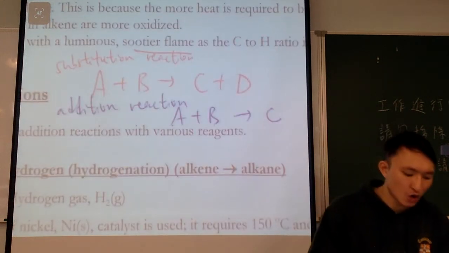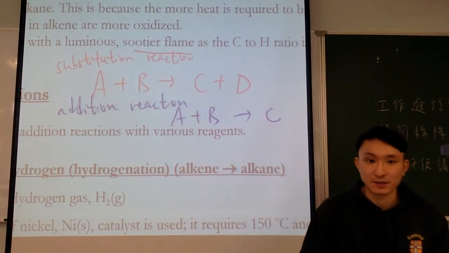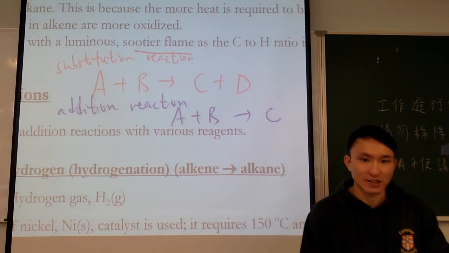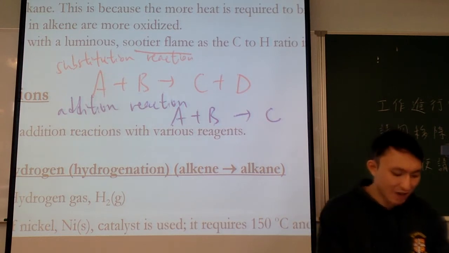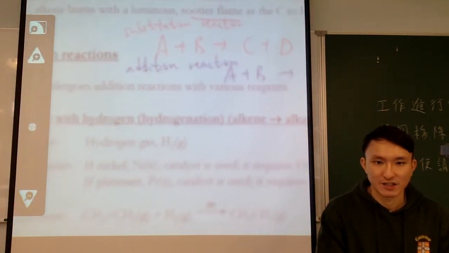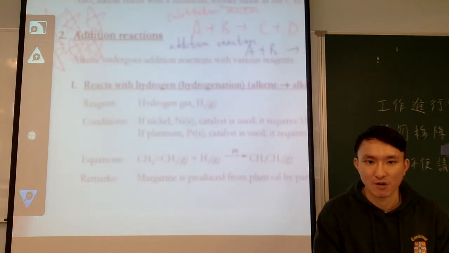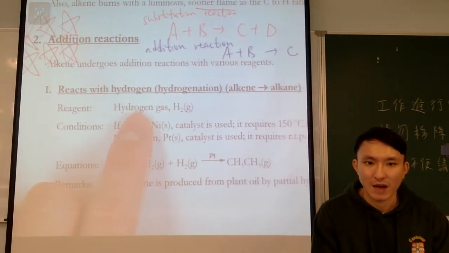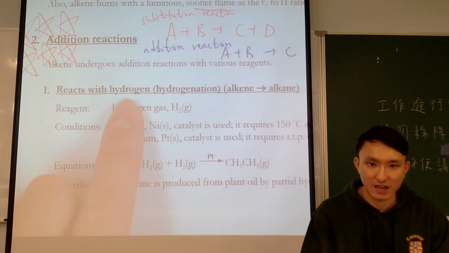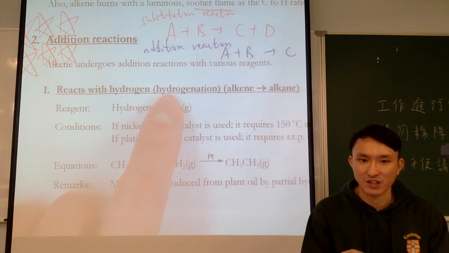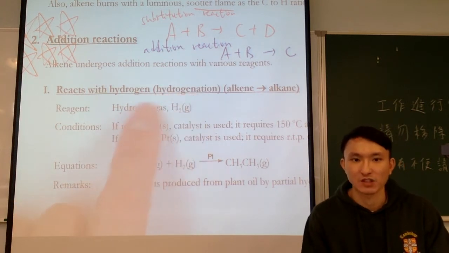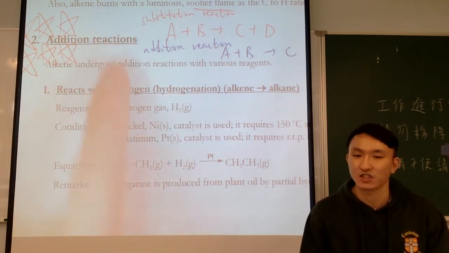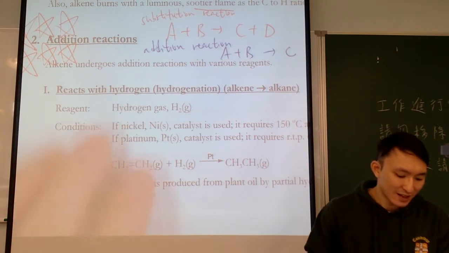This is the difference between substitution reaction and addition reaction. Now let's see how it undergoes the reaction. Let's use this as an example. We have a couple more examples, but let's just look at this one. Alkene is able to react with hydrogen. The name of this reaction is hydrogenation, but the type of reaction is addition reaction.